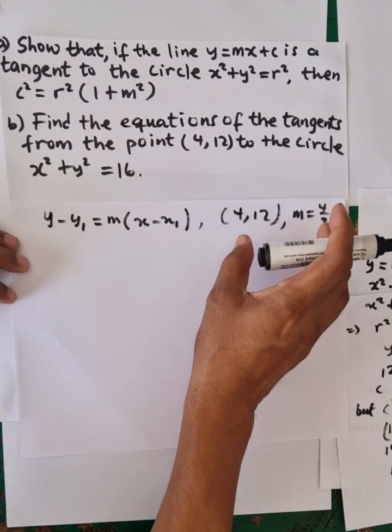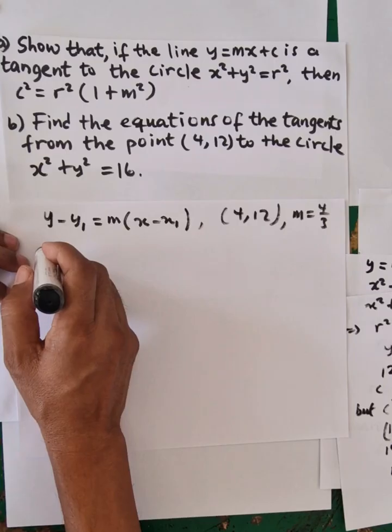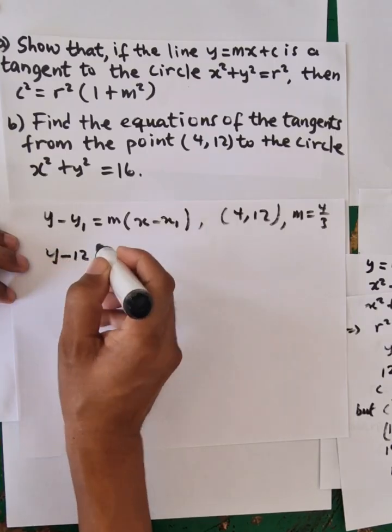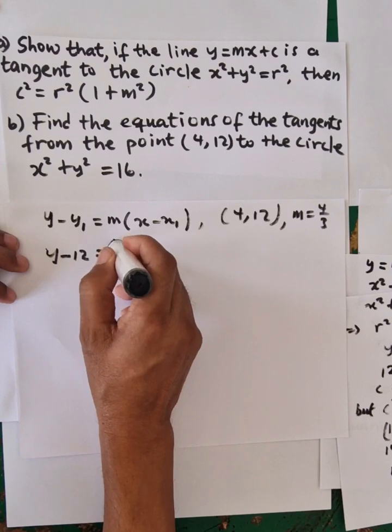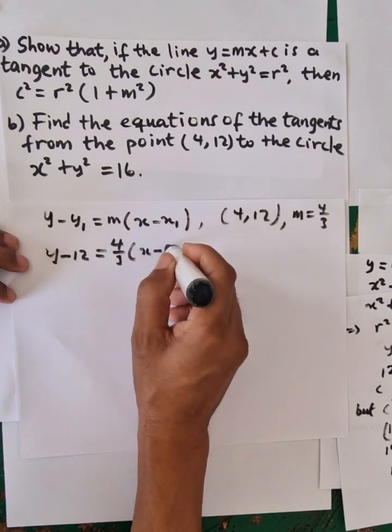We fit this value into this equation, and we will obtain y minus 12 is equal to 4 on 3 into bracket x minus 4.